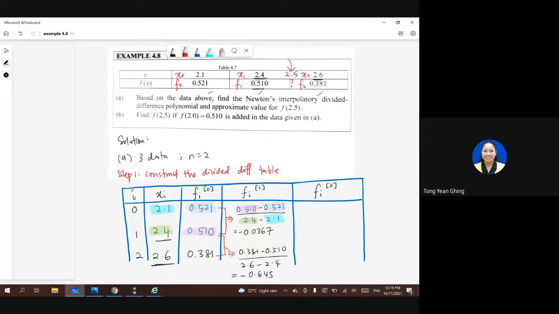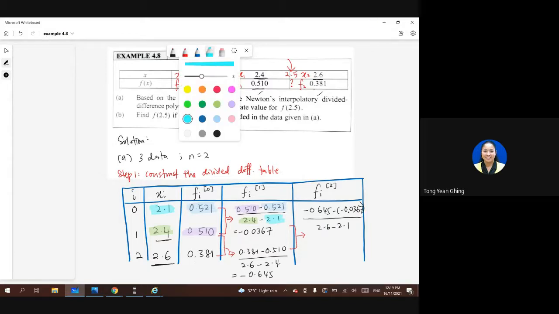So we go to the second degree. So that means we have to consider these two. So kita akan ambil nilai negative 0.645 minus 0.0367 divide by 2.6 minus 2.1.